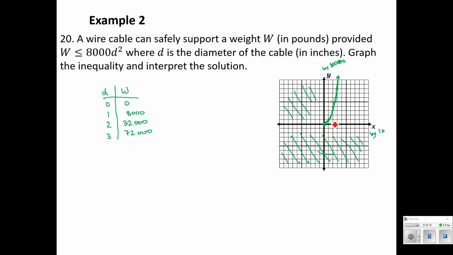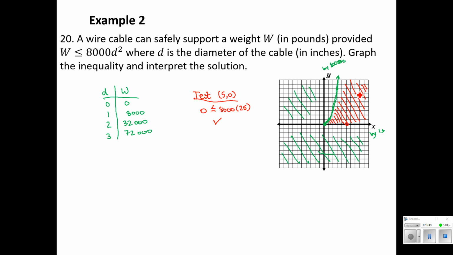Our solution is this area of the graph. And we could test a point over here, like the point (5, 0). Let's do that just to be sure. Okay, so the weight, the output 0, is that less than or equal to 8,000 times 5 squared? Absolutely. So we chose the appropriate region.